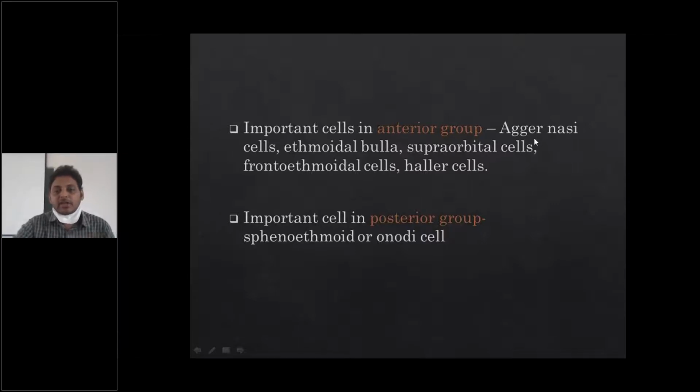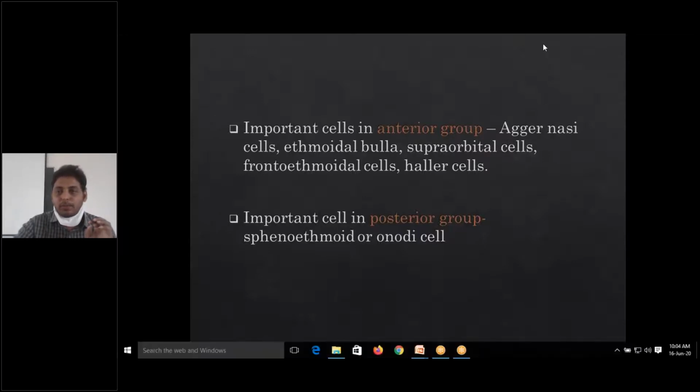If the pneumatization of the ethmoid sinus extends into the lacrimal bone, which is anterosuperior to the ethmoid sinus, or the frontal process of the maxilla, the cell there is known as the Agger nasi cell. Okay, are you following?